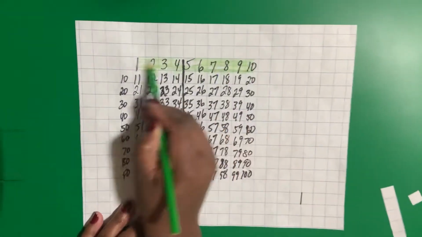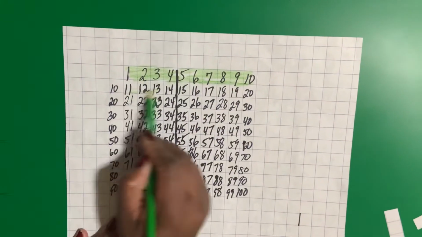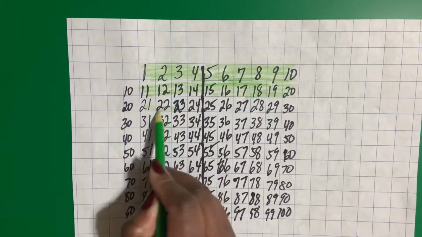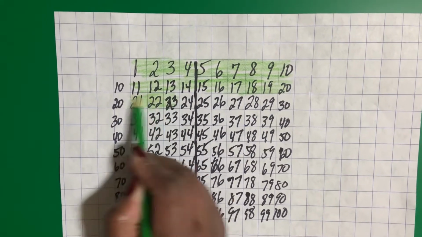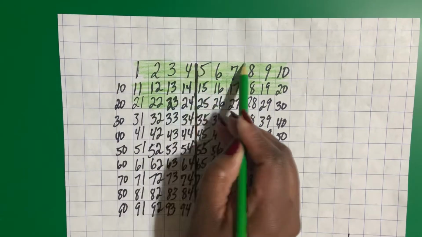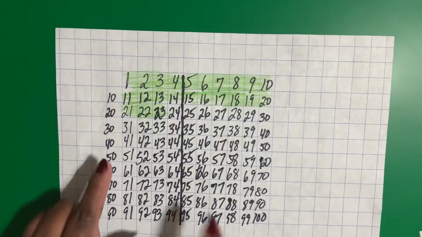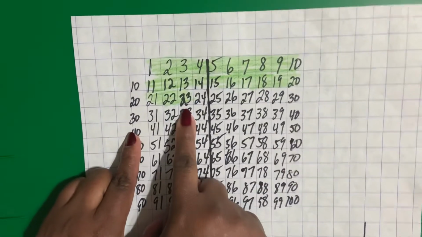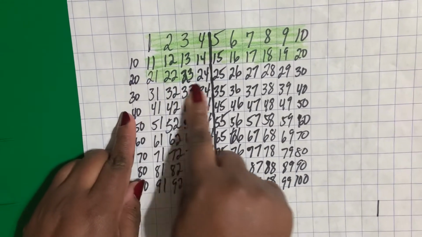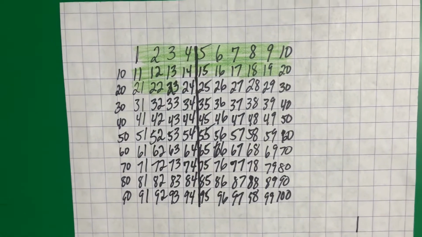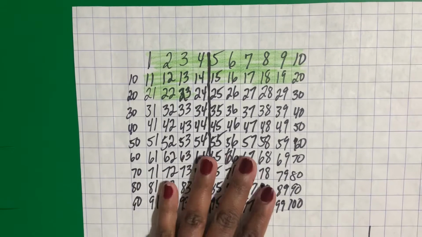So they're going to shade this in. And they're going to stop when they get to the 23. Okay? And then they're going to visually see that 23 is closer to 20 than it is to 30. Okay? Now, that's your concrete and your representational.